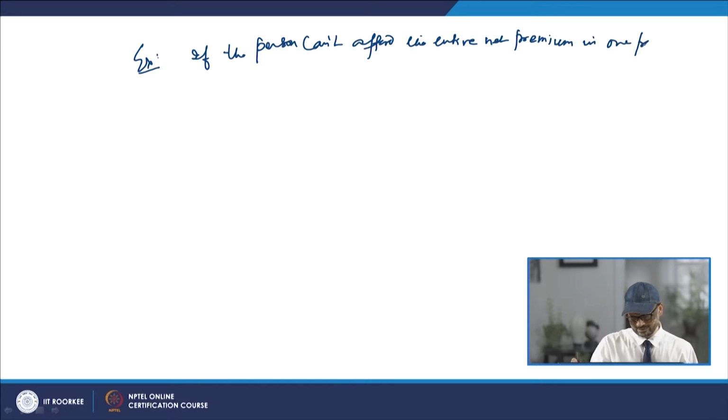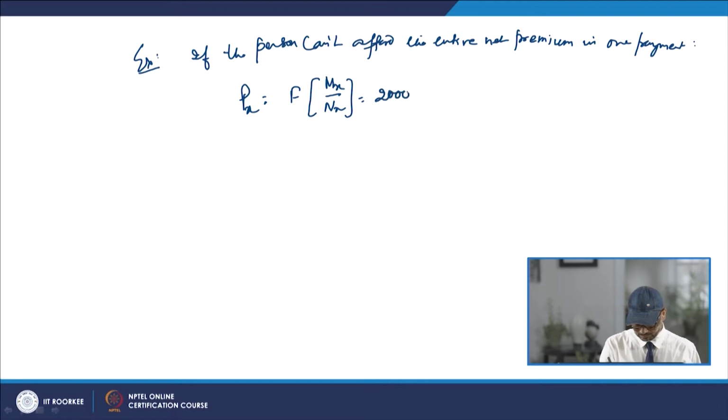So, in that case he is going to have the value of Px, and Px will be for the face value, as we know that Px will be F into Mx by Nx. Now, in this case F is 2 lakh, Mx was M49 and Nx was N49.